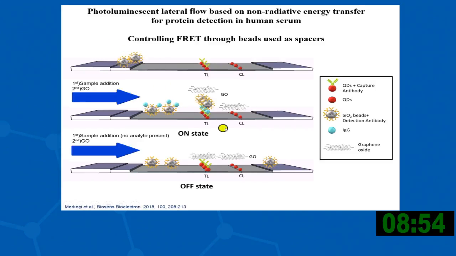So we achieve the same system as before, but mimicking a little bit the distance induced by E. coli with these silicon beads, and in this way we are able to extend the operation of this system even to low-size analytes, for example proteins, in addition to bacteria.